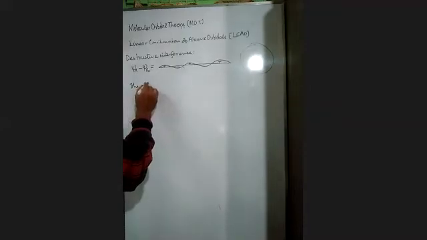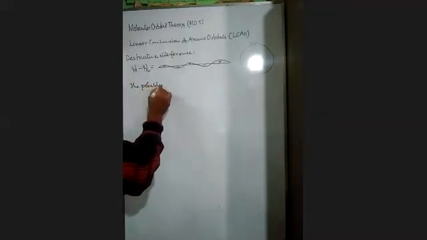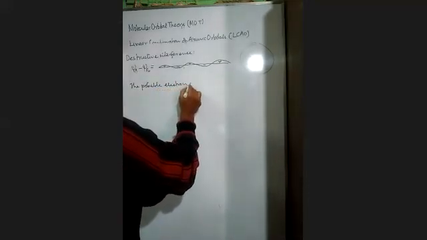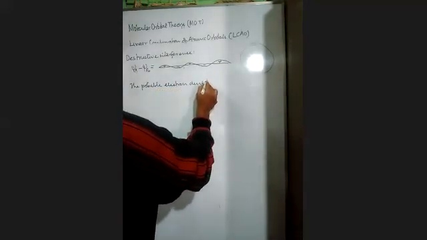All right. So now we'll write the probable electron density. What is that? For an atom, it is the atomic orbital, and for a molecule, it is a molecular orbital.